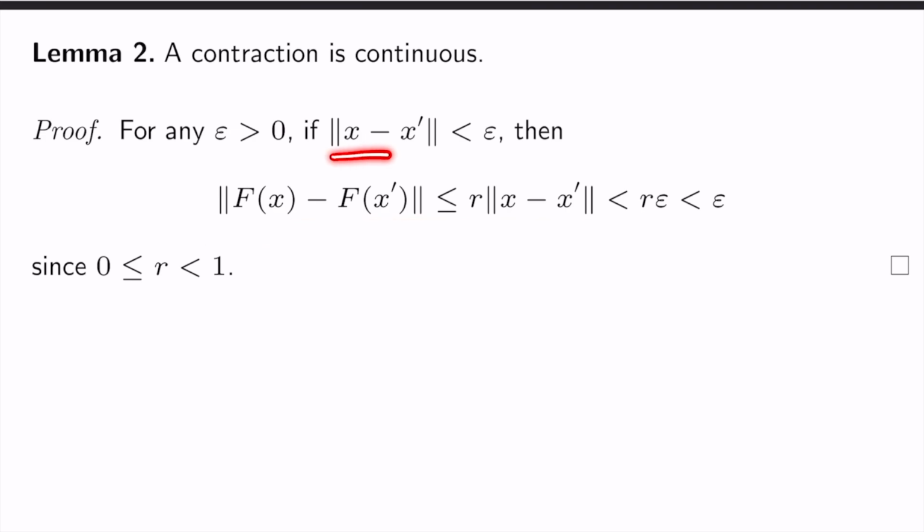But we're assuming this distance is less than epsilon, so this is less than R times epsilon, but R is less than 1 and greater than or equal to 0. Therefore, this R epsilon is less than epsilon. So for any epsilon, this holds, as long as the distance between x and x prime is less than epsilon. Therefore, the contraction F is continuous.